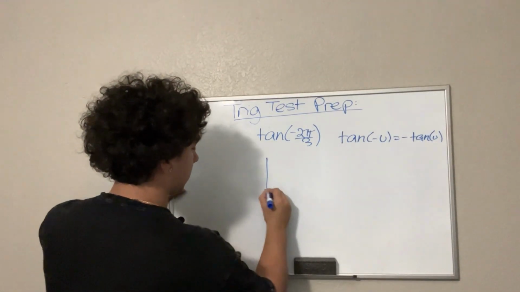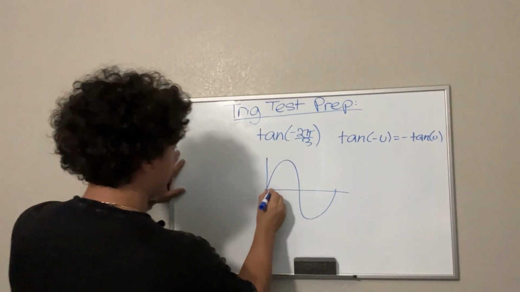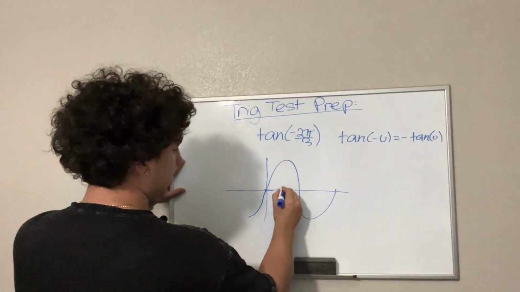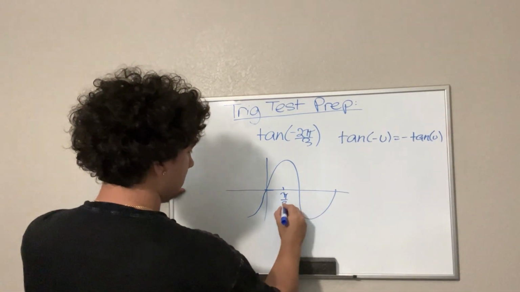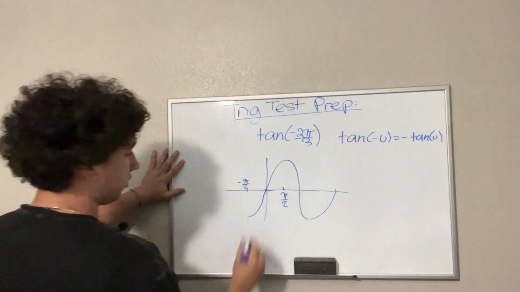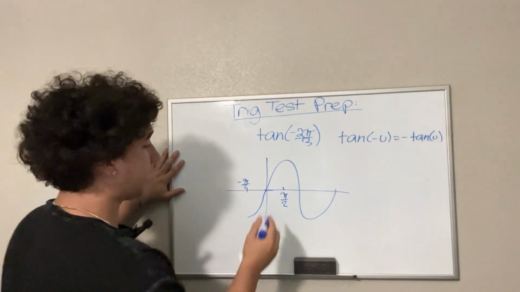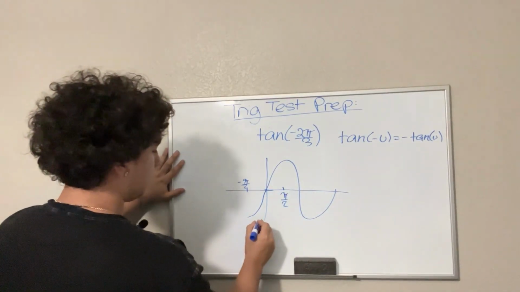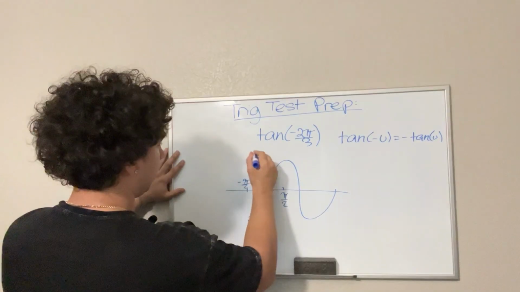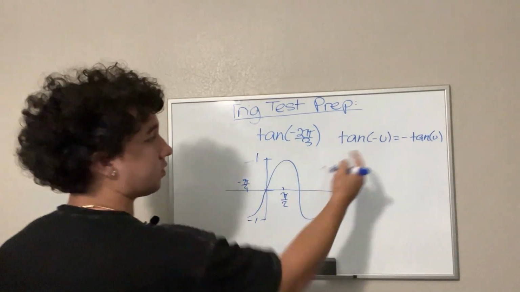If we look at this on a graph, sine looks like this, right? But if I take it to the negative side, down here, this is pi over 2. This is negative pi over 2. So notice that when the actual angle value, in this case the radians, flips signs, the answer also flips signs. In this case it was positive, and in this case it's negative. So that's the reason why it's odd.